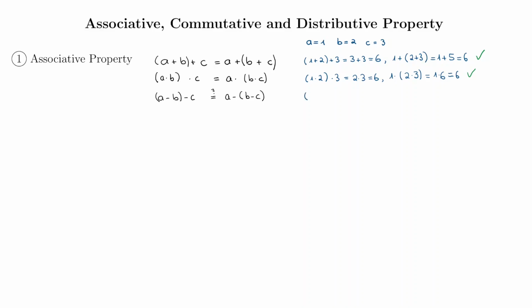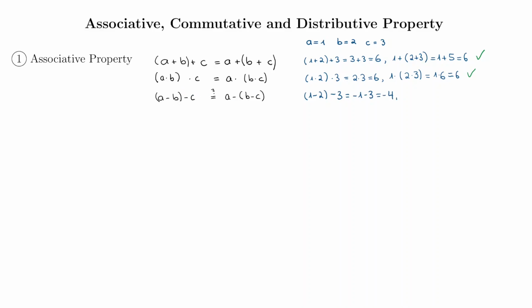The first one would be 1 minus 2 minus 3, which is 1 minus 2 is minus 1, minus 3. Minus 1 minus 3 then leads to minus 4. So that was the left side here.